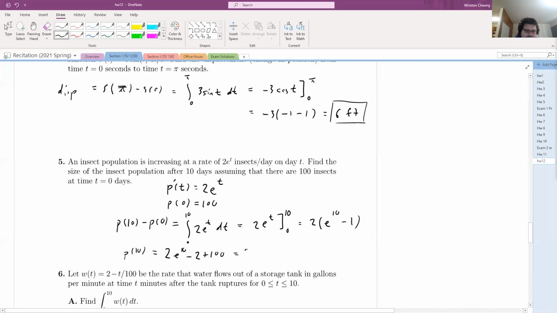So if you didn't have a calculator, you could write this as 2e to the 10 plus 98. If you had a calculator, you could then approximate this as being 44,151 insects. So I guess I'll box both of those.